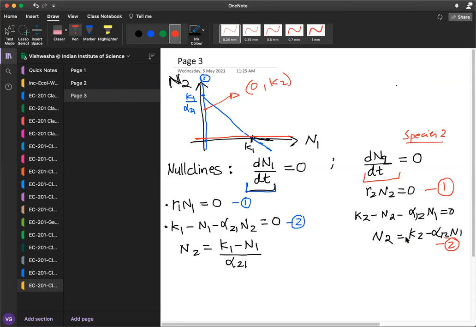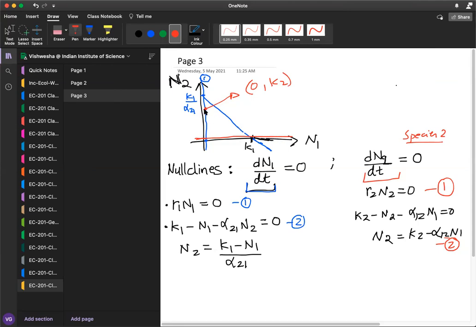And this is a straight line. The straight line again can have two forms. One form is this, the other form is this. There are two ways. Are you able to see my cursor, by the way? One way is this, the other way is this.